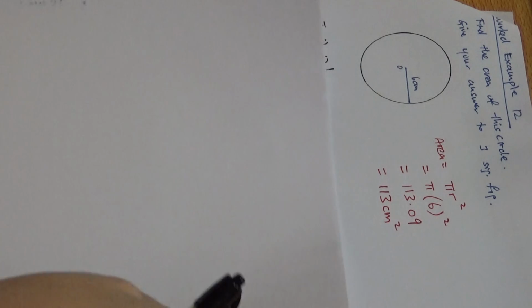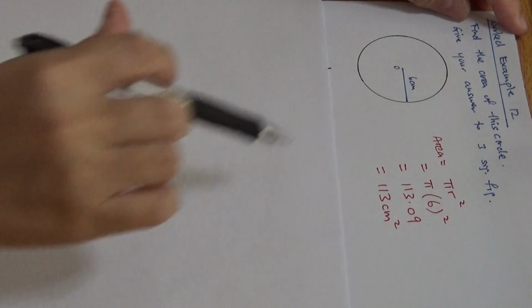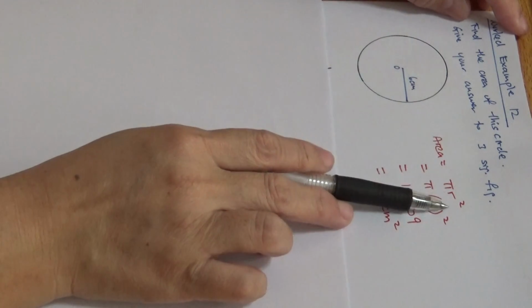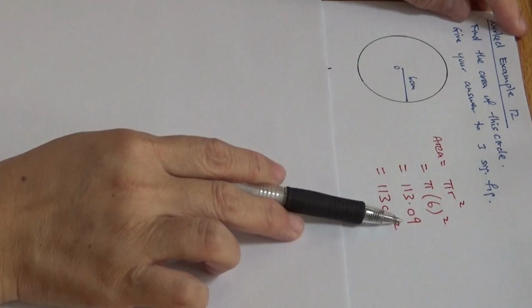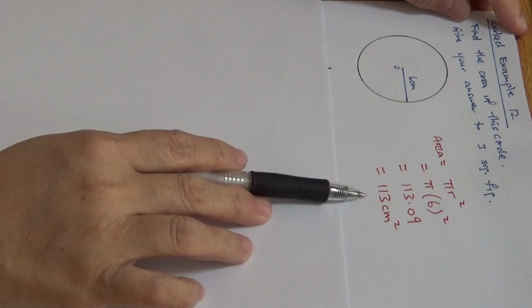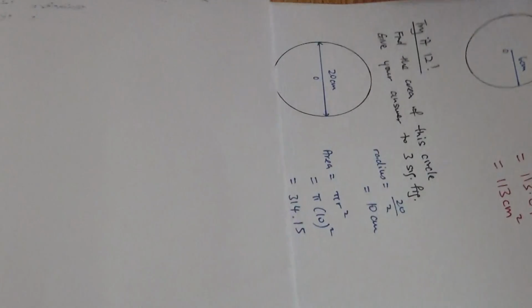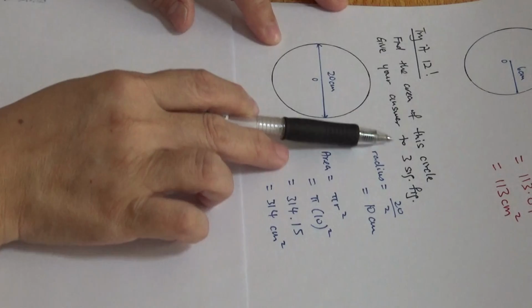For work example 12, it says find the area of this circle, give your answer to 3 significant figures. Area is pi r squared, r is 6, so I get this. I round off to 3 significant figures, I get 113 cm squared. Now next, look at try 12. Find the area of this circle, give your answer to 3 significant figures.